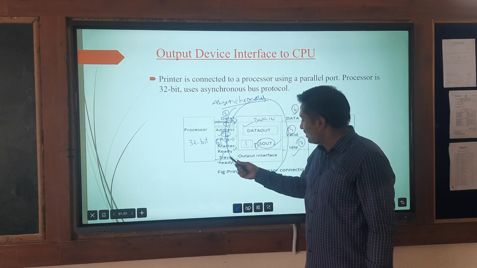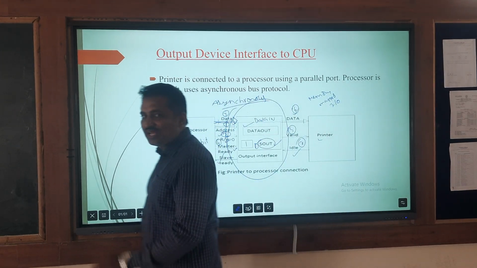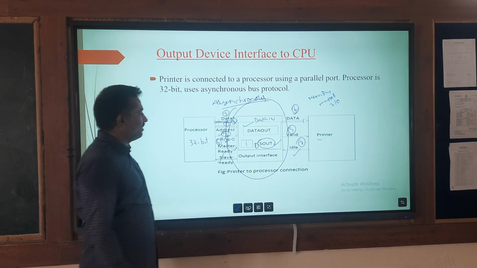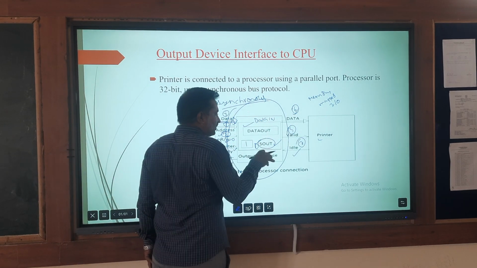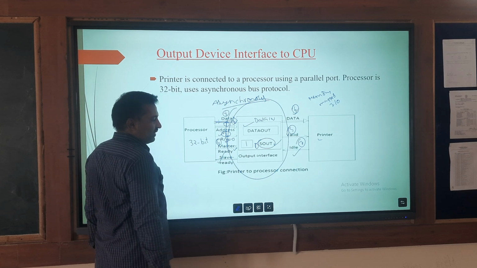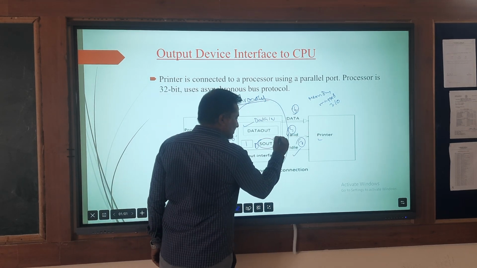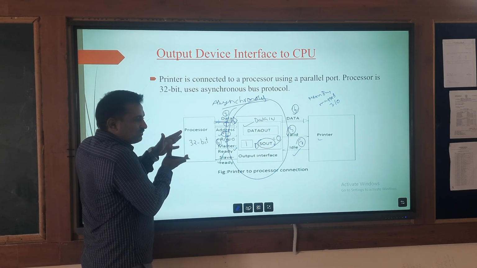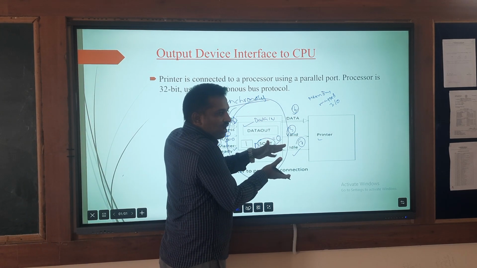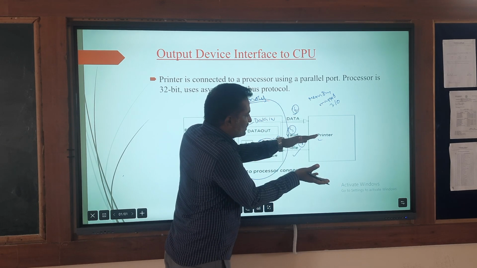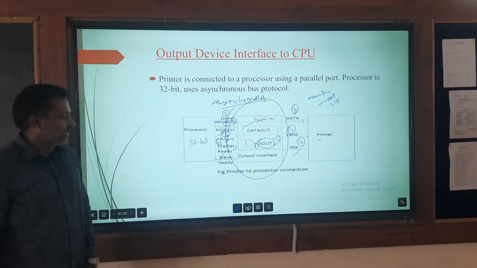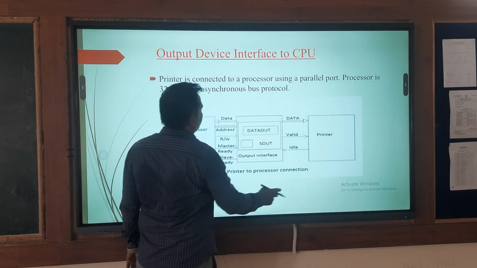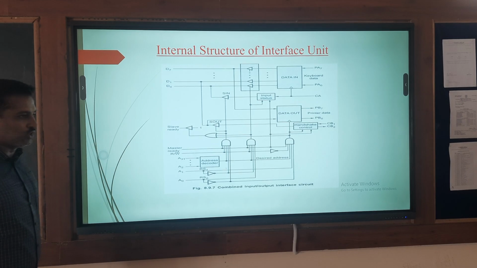Once the processor receives the slave ready signal, then it identifies that the printer has finished its operation. Whenever the data from the data out register is transferred to the printer, then immediately S out will become 0, so that the processor may transfer another data to the data out register. From there it can be transferred to the printer. These are the steps we have to follow while interfacing an output device with the interface circuit.